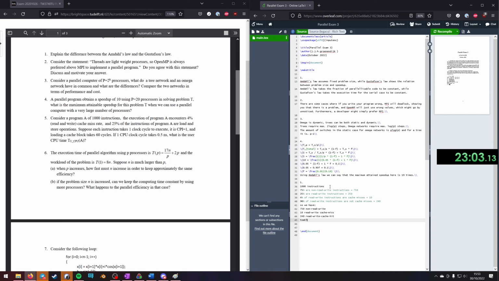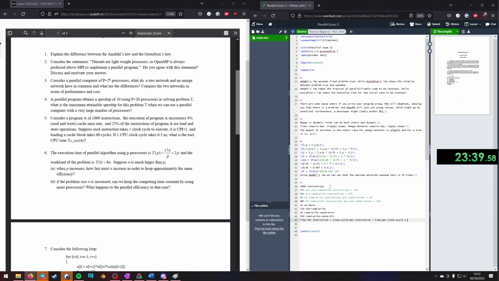Total time is based on TPI, where TPI is time per instruction. Time per instruction is clock cycles per instruction times time per clock cycle.